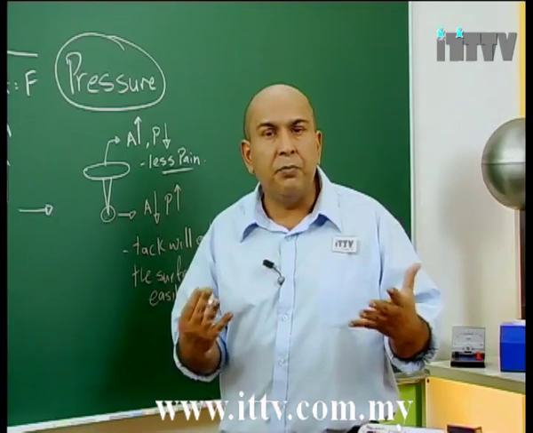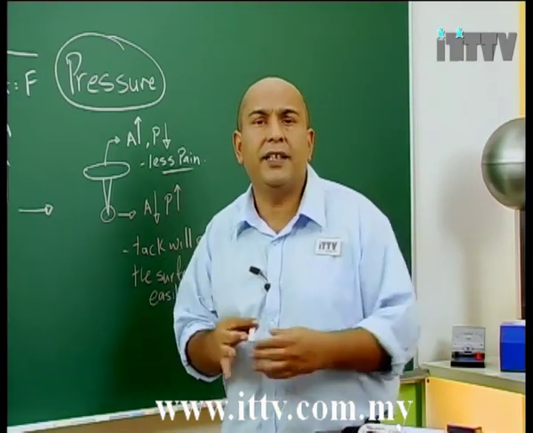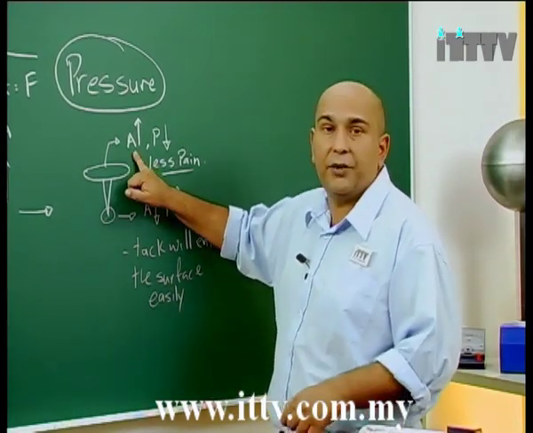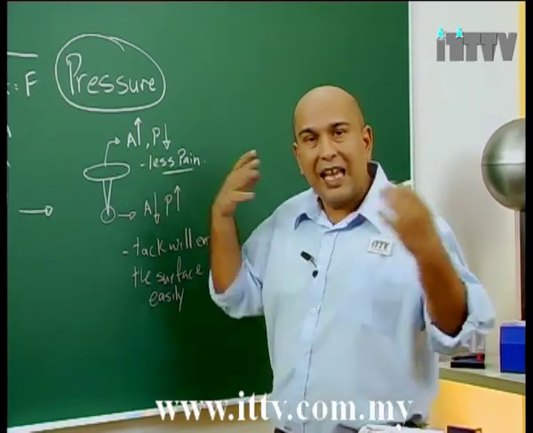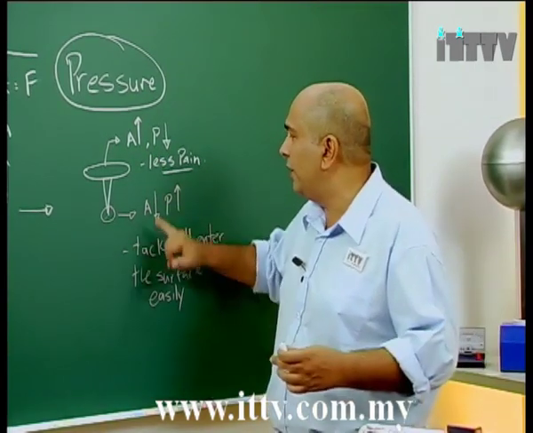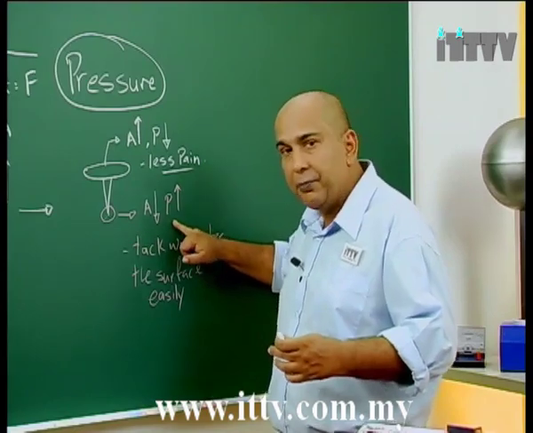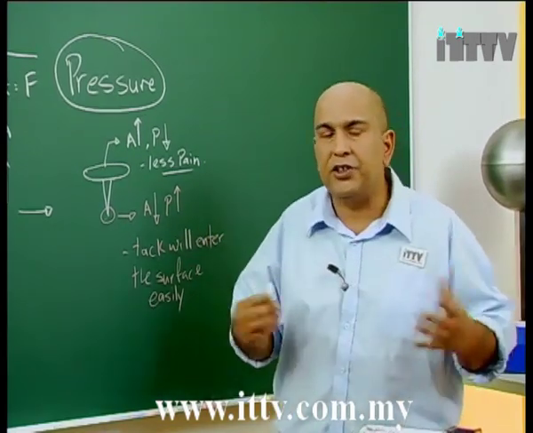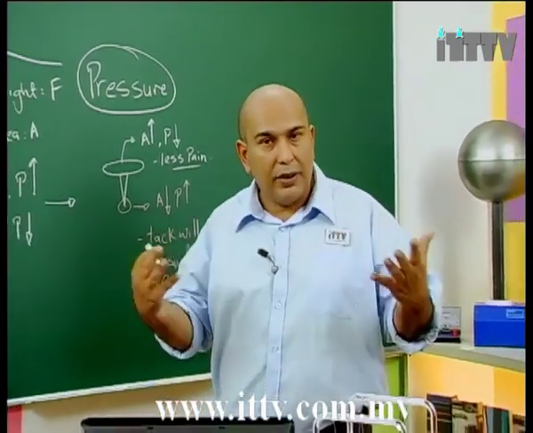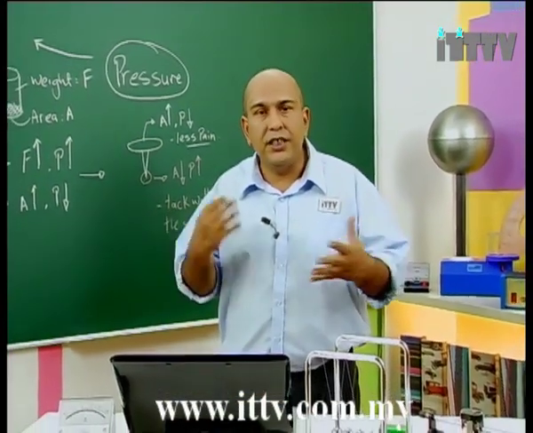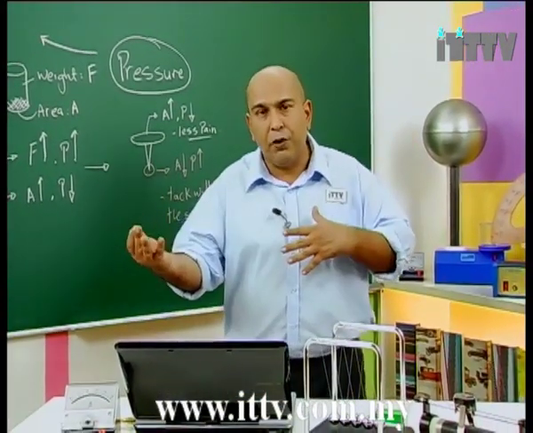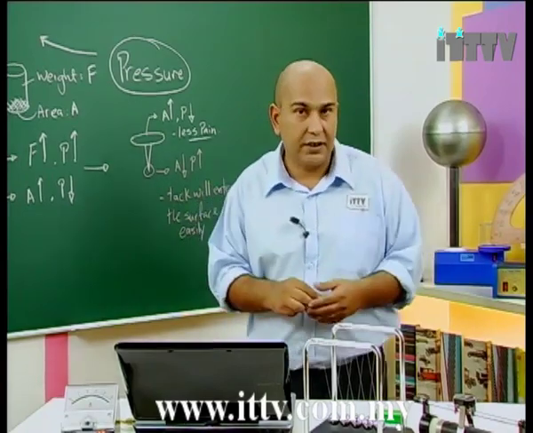So this is an example of how we apply the idea of large area, low pressure, and how we apply the idea of small area, high pressure. We've got many applications that we use in our daily life where we are using the idea of big area, small pressure, or vice versa.